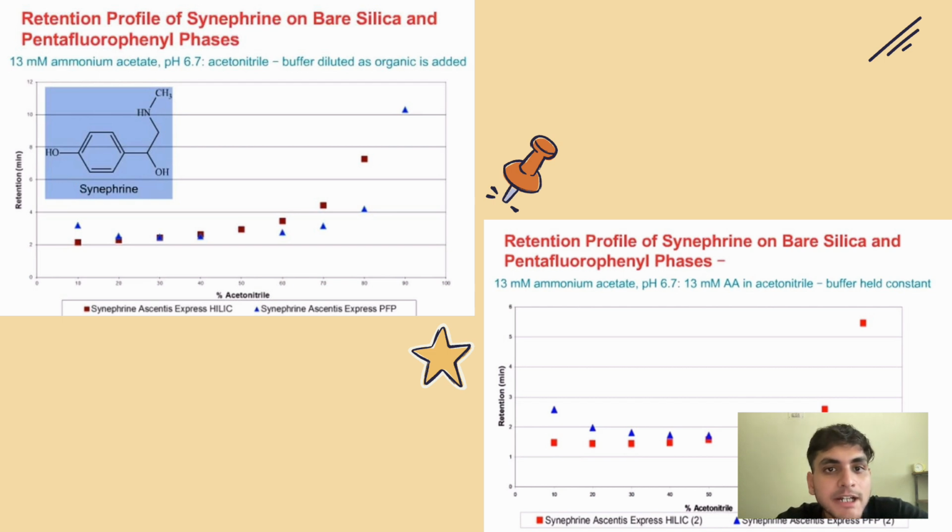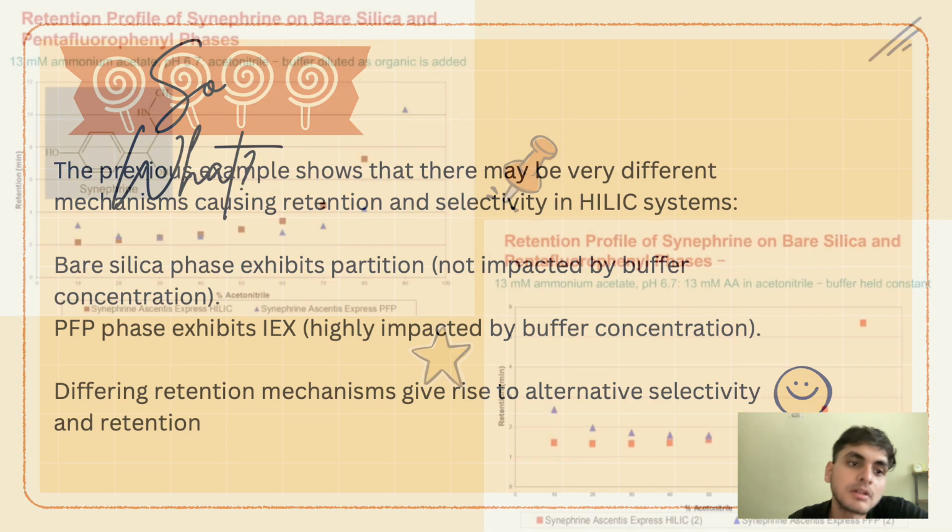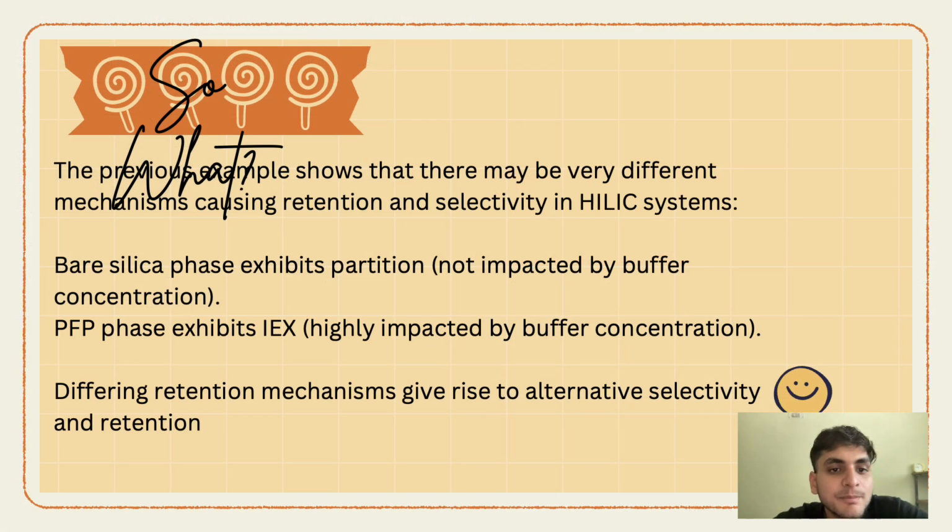So what do we understand by these two pictures? Let's see. The previous example shows that there may be very different mechanisms causing retention and selectivity in HILIC systems. Like the bare silica phase exhibits partition not impacted by buffer concentration. The PFP phase exhibits ion exchange chromatography highly impacted by buffer interaction.